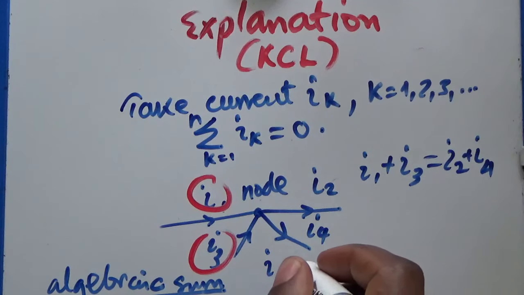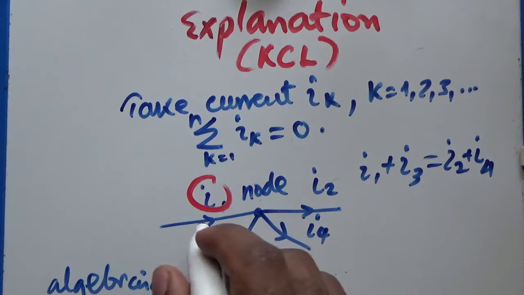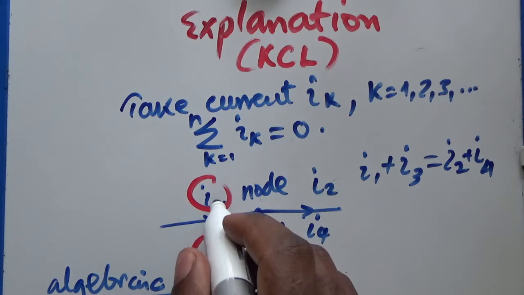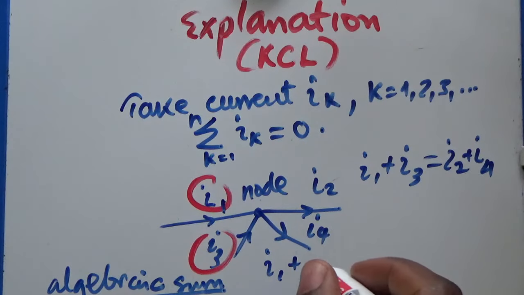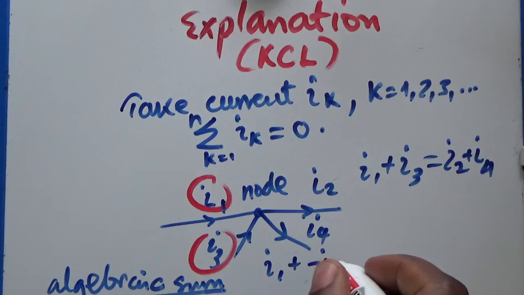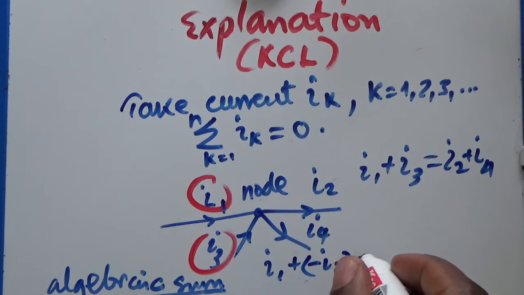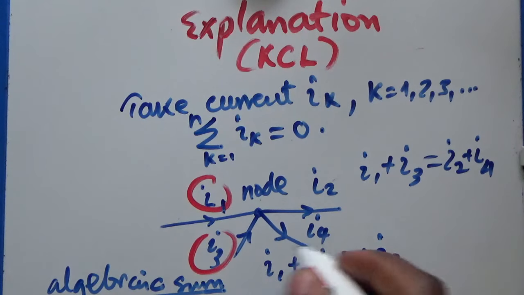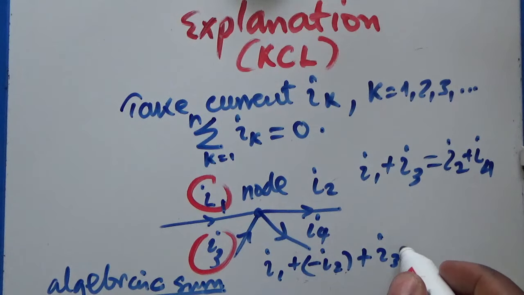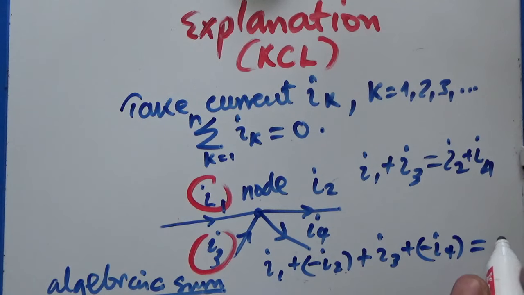So plus I1, if those entering here are positive, then leaving being negative, we shall say plus I2 negative, plus I3, which is positive because it is entering, then plus minus I4 equals 0.